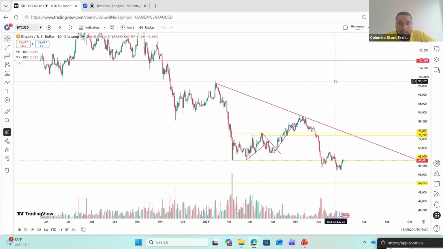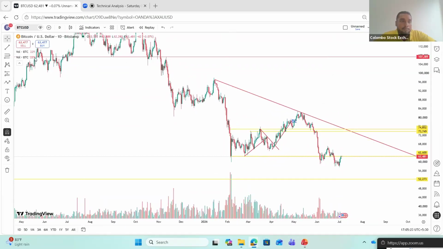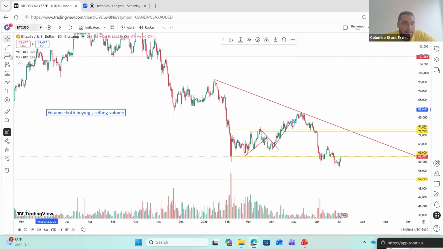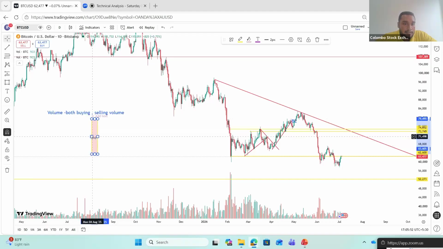Even high volume doesn't mean there could be a very high price movement, because the volume basically means both buying and selling volume. If the candle is large, and let's assume this is a green candle, that basically means there is high buying volume.